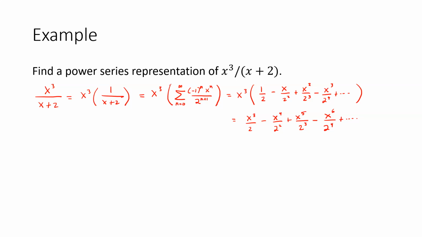So really what I can just do in the form that we have it here is write x to the 3 times x to the n as x to the n plus 3. So it's negative 1 to the n, x to the n plus 3 over 2 to the n plus 1.